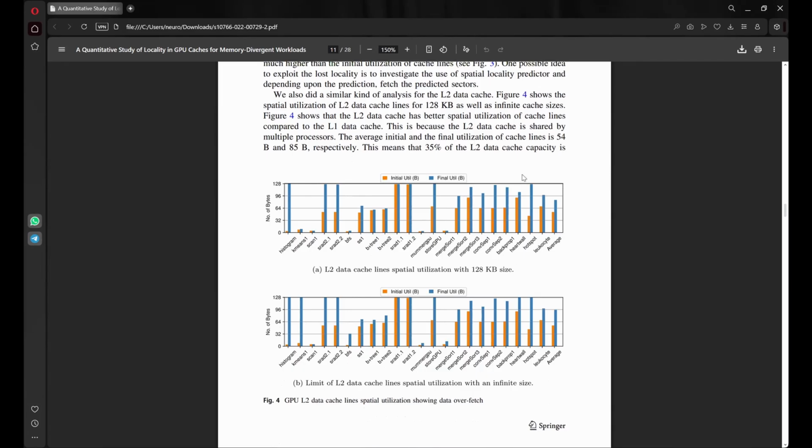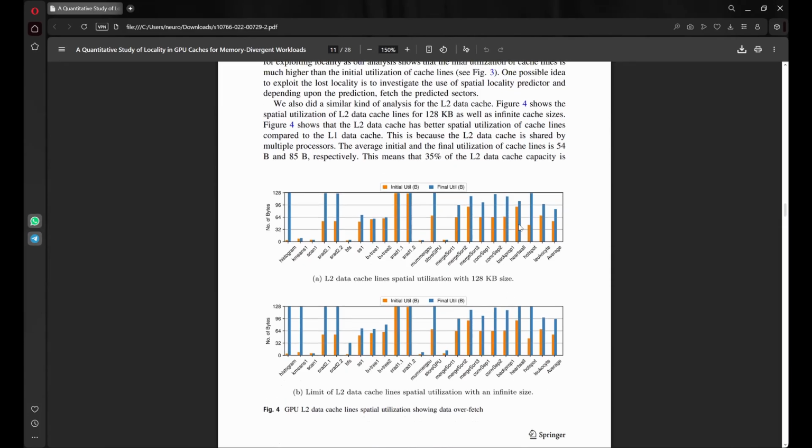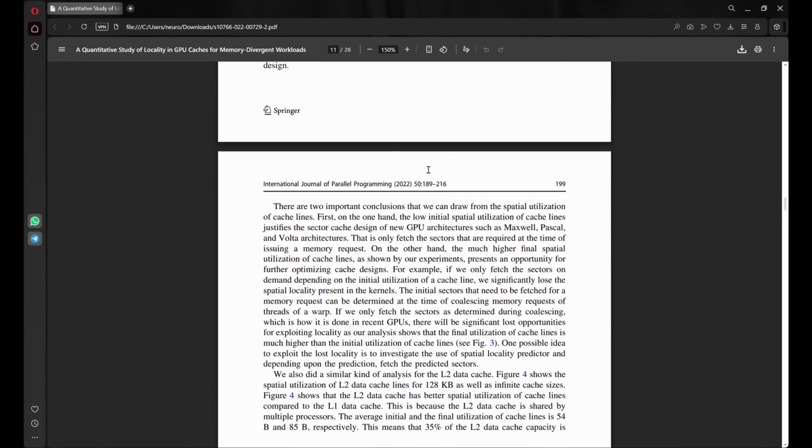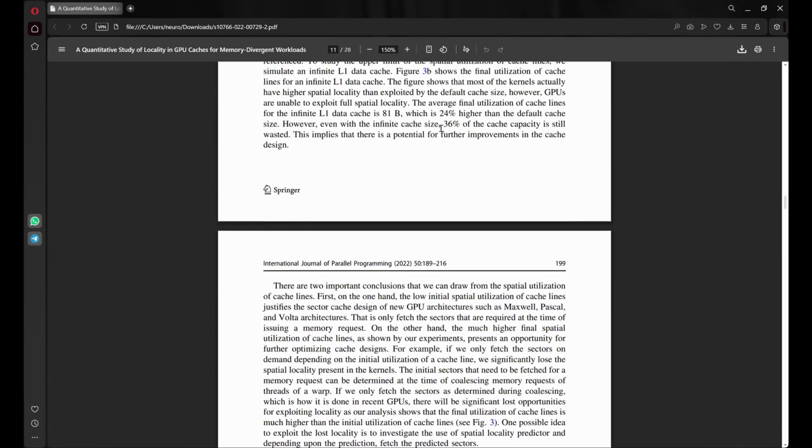That means that 35% of the L2 data cache capacity is wasted, even with just the default configuration. This 35% figure is better than L1 cache, which is 36%, and that's L1 cache with infinite size.